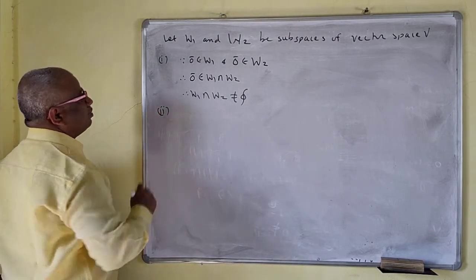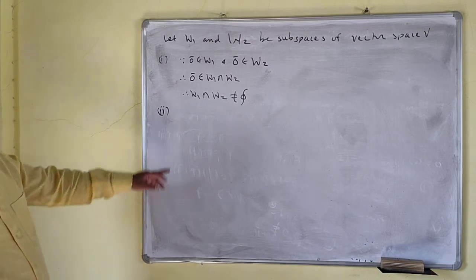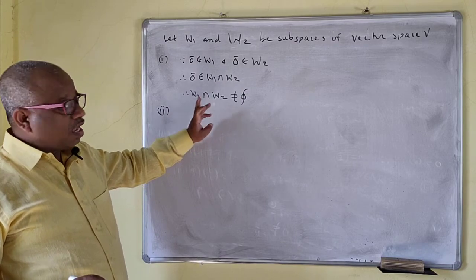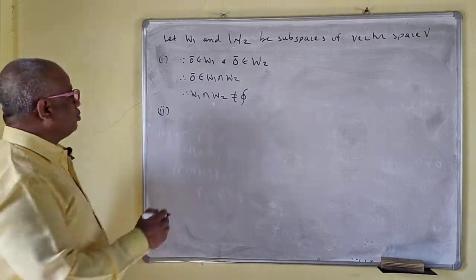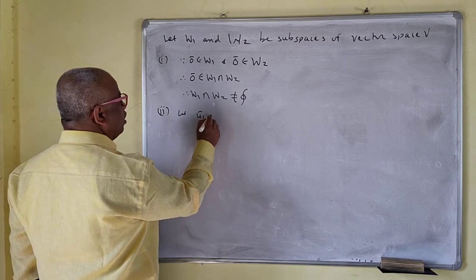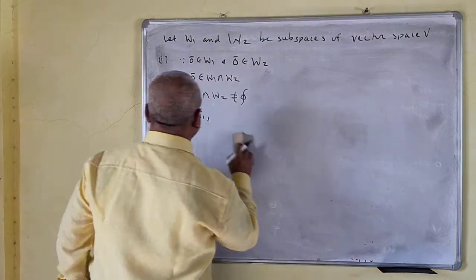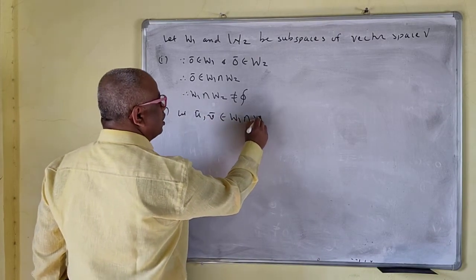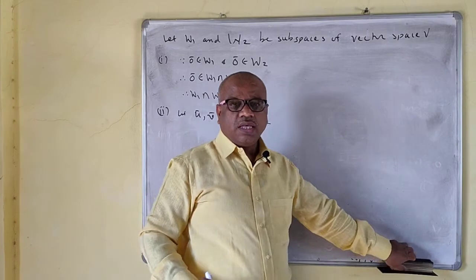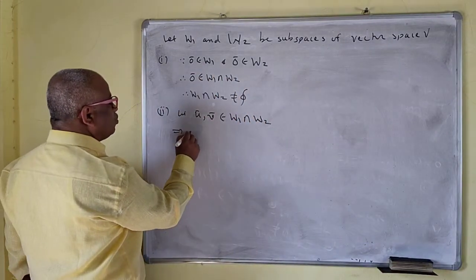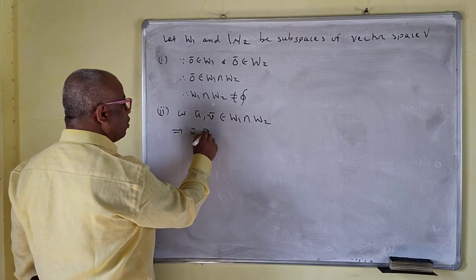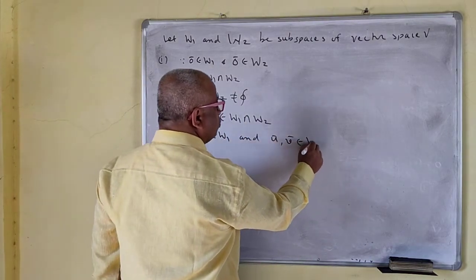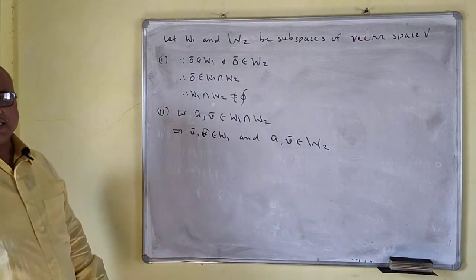Now the second one. We'll take two vectors from W1 intersection W2 and prove that their sum also belongs to it. Let U bar, V bar belong to W1 intersection W2. Intersection means U bar, V bar belong to W1 and U bar, V bar belong to W2, because they are common to both.